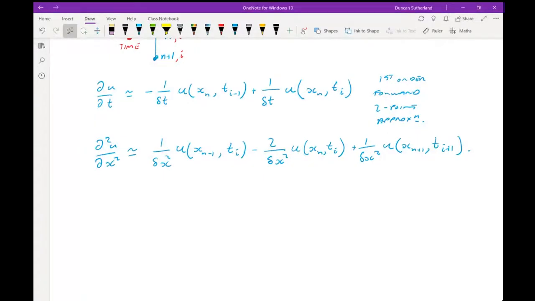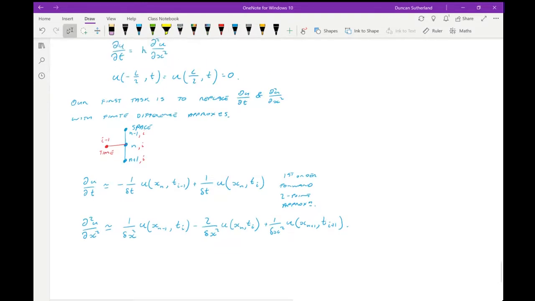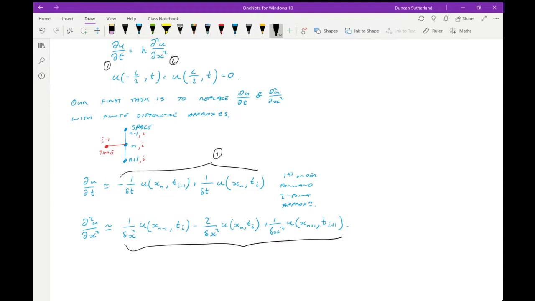Okay, so with these 2 bits of information, we just take these and plug them straight into our PDE, right? So this goes over here. This bit goes on the right-hand side. It's not a difficult concept. It's not even a difficult rearrangement.